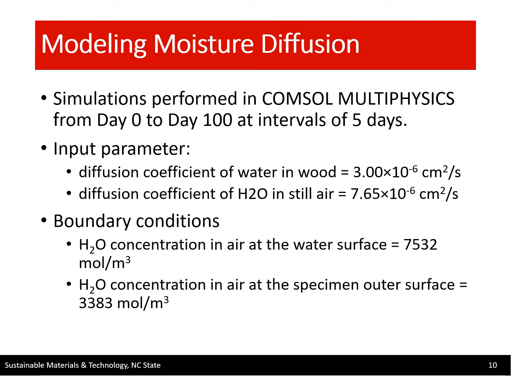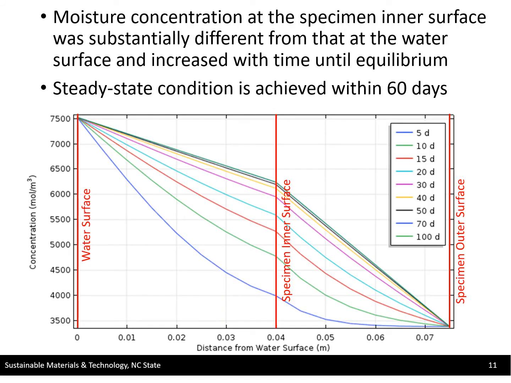To verify the linear moisture content distribution, simulations were performed on COMSOL Multiphysics. The simulations show that in static air, moisture concentration at the specimen inner surface was substantially different from that at the water surface.